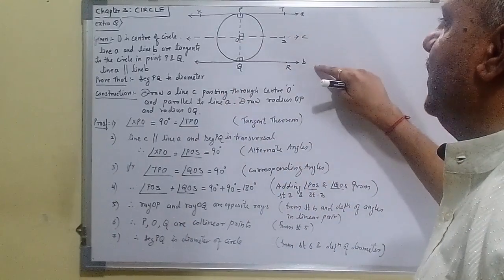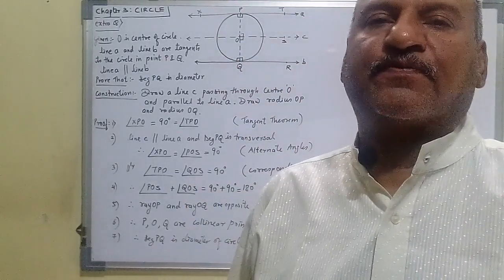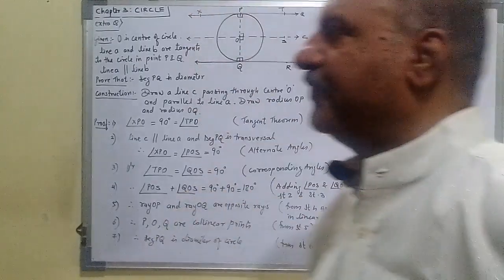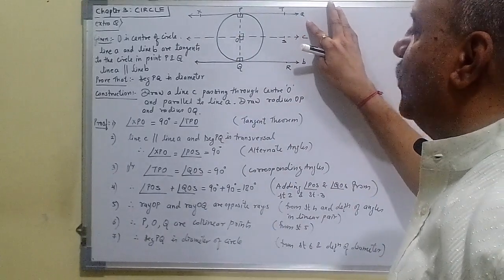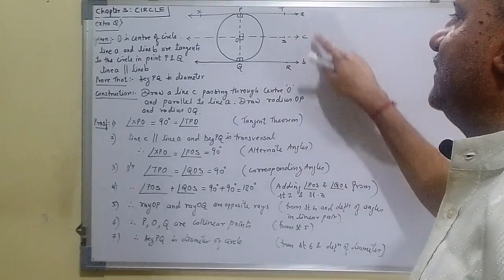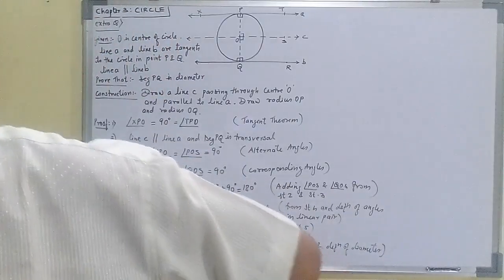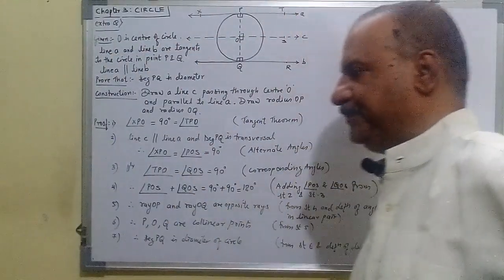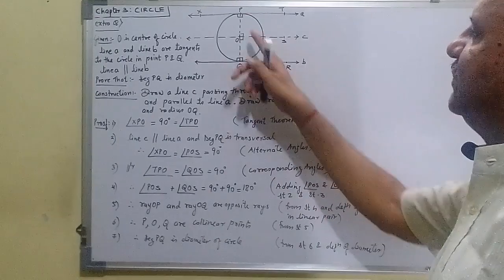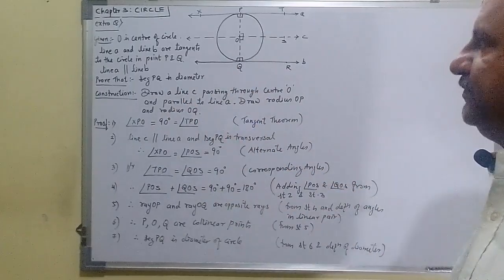Line A and line B are tangents to the circle, at points P and Q. Also line A is parallel to line B. This information they have given you. What we have to prove is that this segment PQ is a diameter.